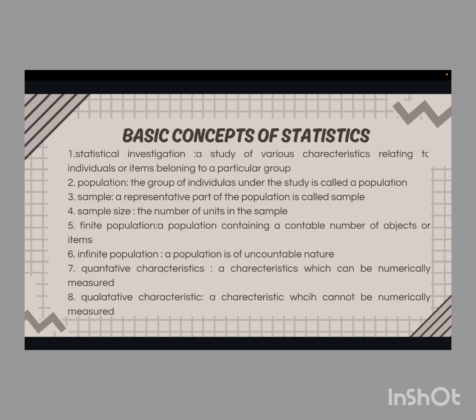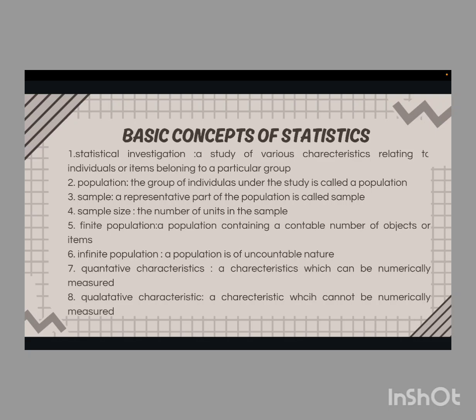Quantitative characteristics, a characteristic which cannot be numerically expressed. Okay, sorry, quantitative characteristics are those which can be numerically expressed, my bad. Age of students, number of trees in the garden, number of goods sold, all are quantitative characteristics, whereas qualitative characteristics cannot be numerically measured.